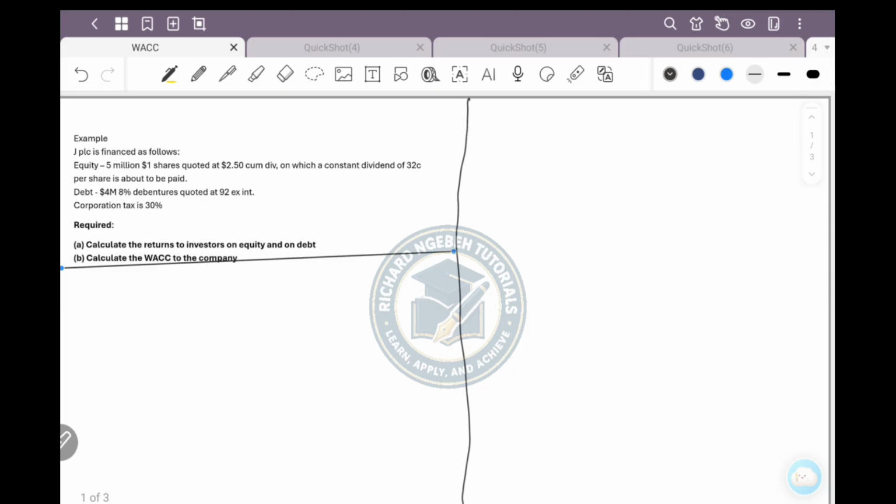Cost of equity, Ke, equals D0 over P0, and this P is the market value. You have to know that.